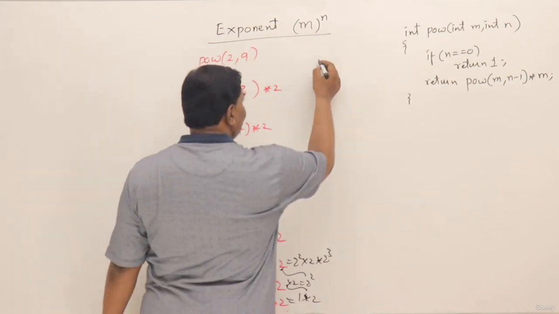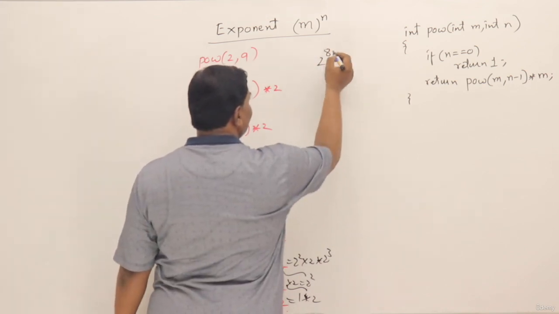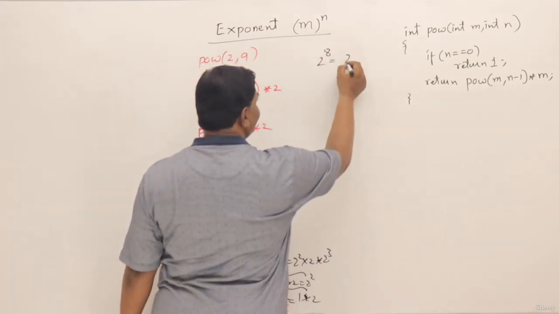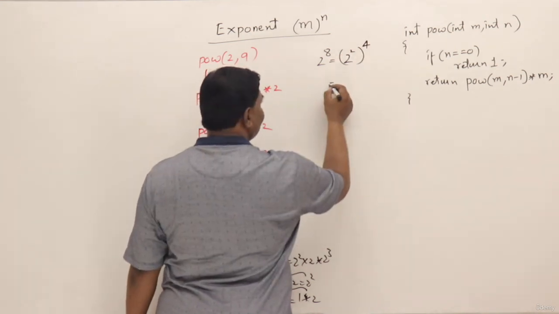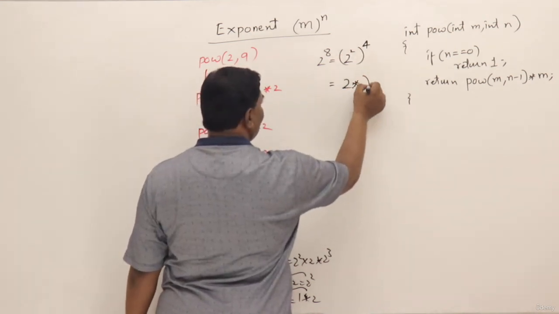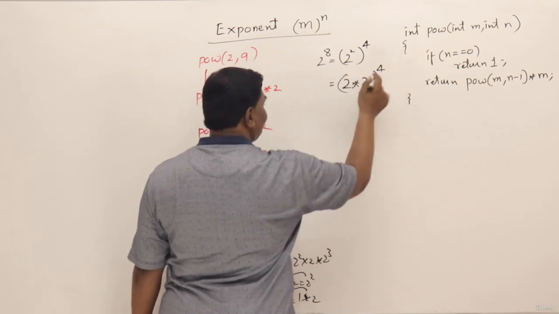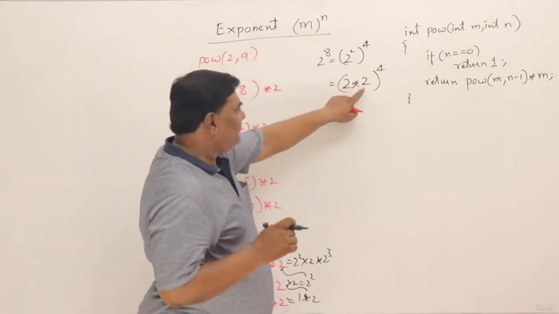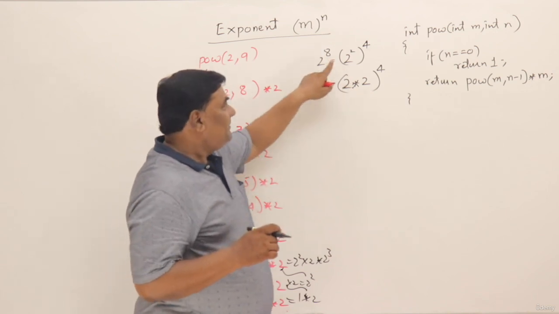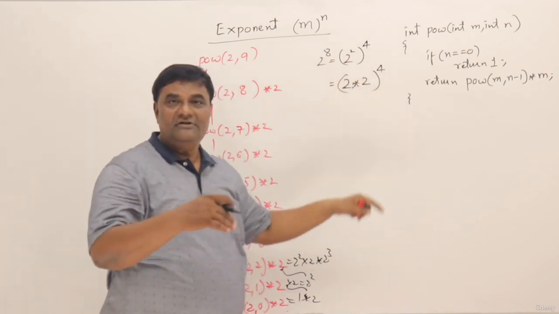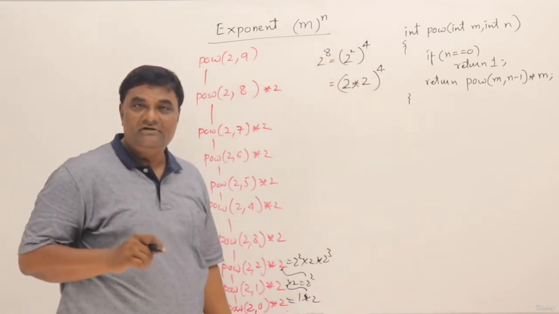Suppose it is 2 power 8. It can be written as 2 power 2 and power 4, that is 2 square power 4. So if I perform one multiplication on the same value, then the power will reduce by half.